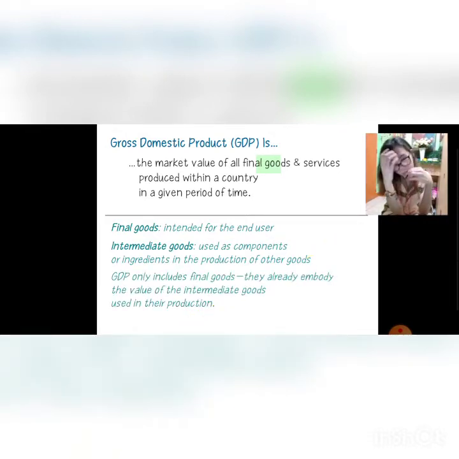The value is already carried over to someone during the process of turning that something I bought into something for someone to use. Anyway, GDP only includes the final goods, or those goods that are produced for or intended for the final users.